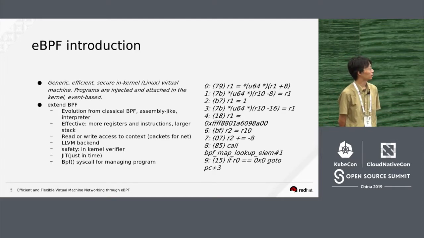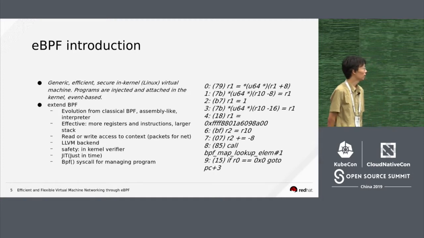It evolved from classic BPF, which is like an interpreter, and it is more effective compared with cBPF, with lots of extensions. For example, it has more registers and more instructions, modeled on x86 and ARM platforms, and we have an LLVM backend, so we can easily translate the eBPF code into ARM or x86.